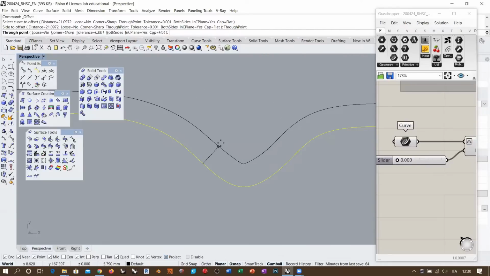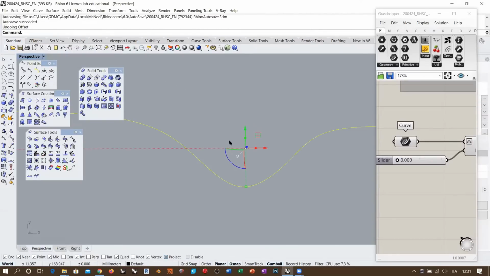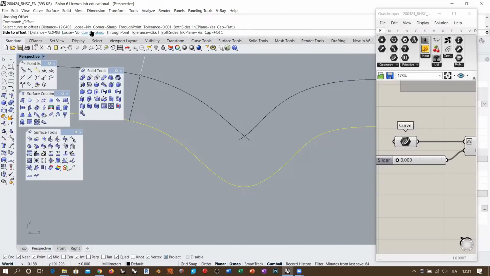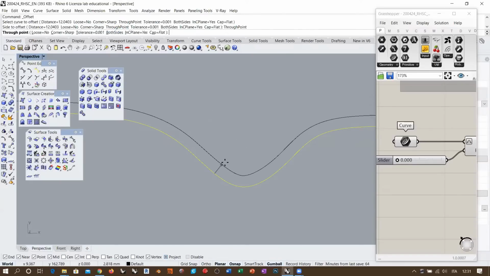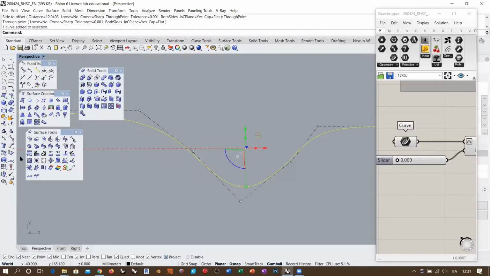Now, the offset is capable of trimming the intersection and leaves you with a vertex, so an internal discontinuity, a kink, basically. But it's fundamental to understand, for example, what is the maximum distance for the offset in order to get a smooth curve.